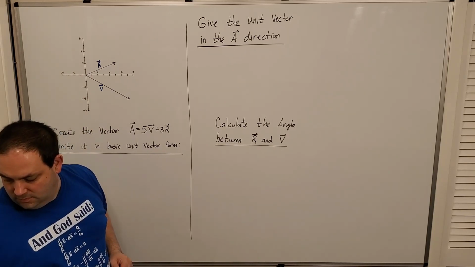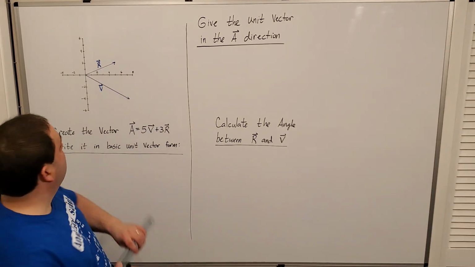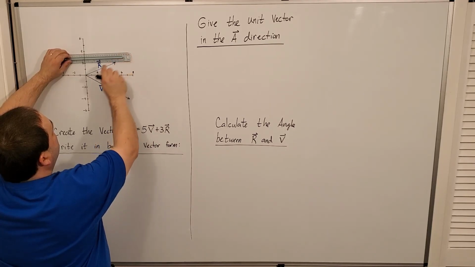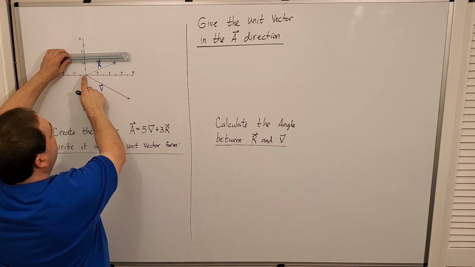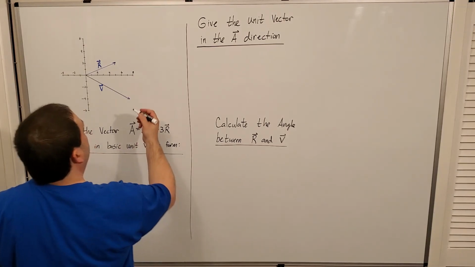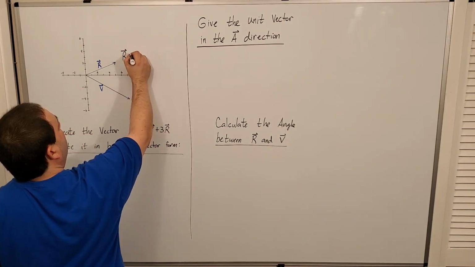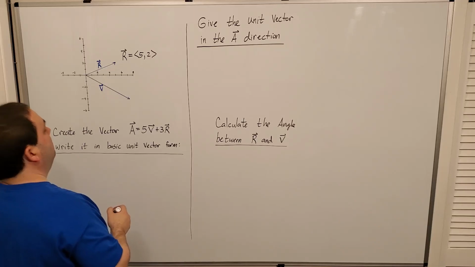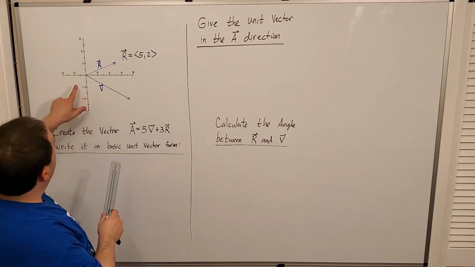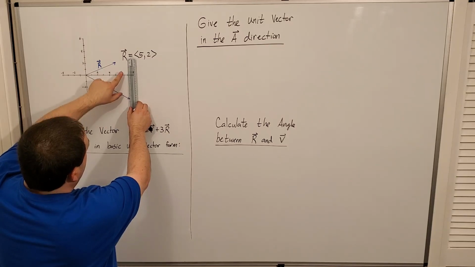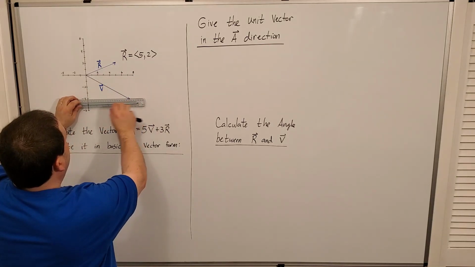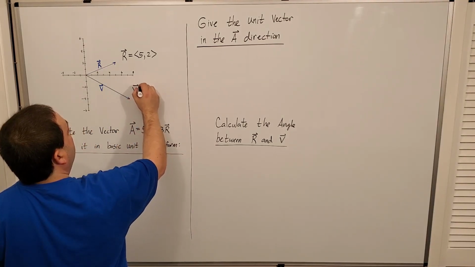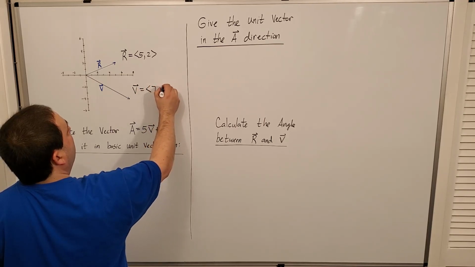So then all you have to see is that r is right above 5 and right across from 2, and it starts at 0, 0. So then the r vector here would have to be the vector 5, 2. And then you can see the v vector is underneath 7 and across from -4. So then my v vector would be the vector 7, -4.